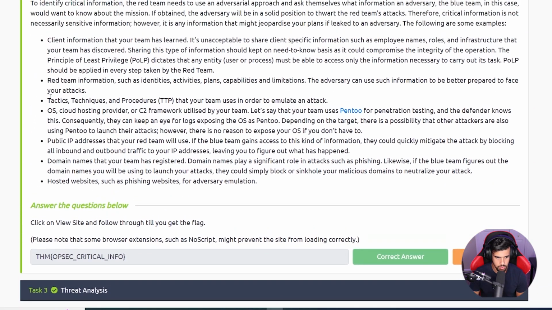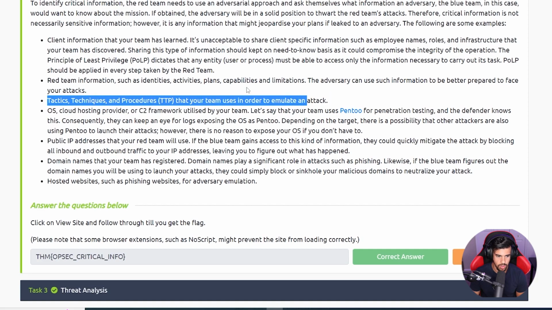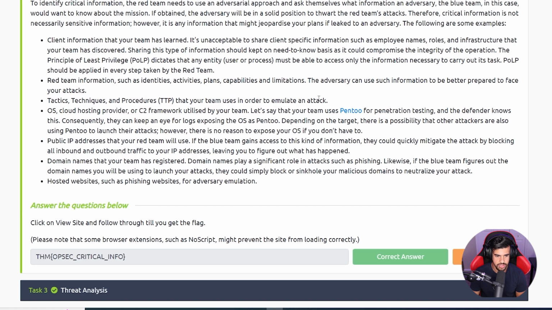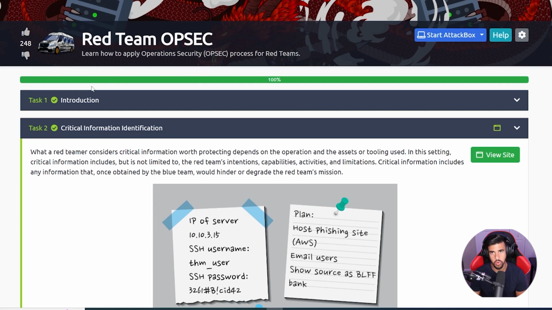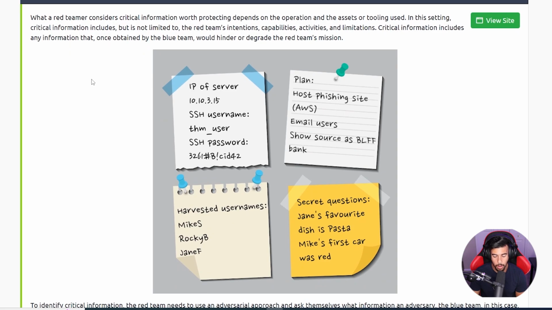And well, here we go. Our TTPs, our tactics, techniques, and procedures, we do not want those to be disclosed. What operating system we're using, anything that could assist the adversary. Which brings up another important thing about this: from a blue team perspective, the adversary is these APTs or any kind of malicious threat actor. Now, as a red teamer, our adversary is the opposite. It's the blue team.